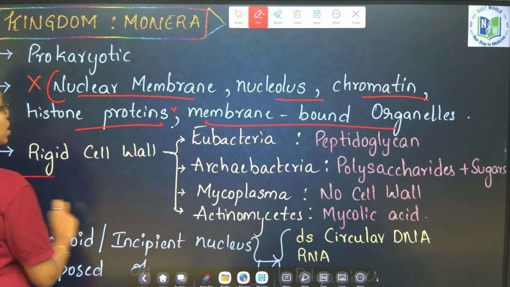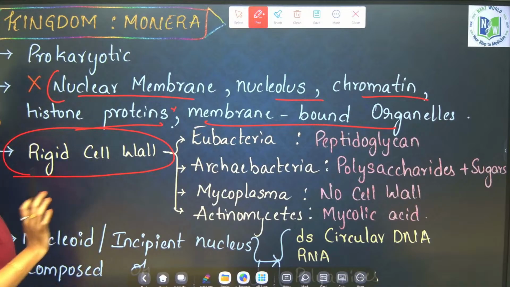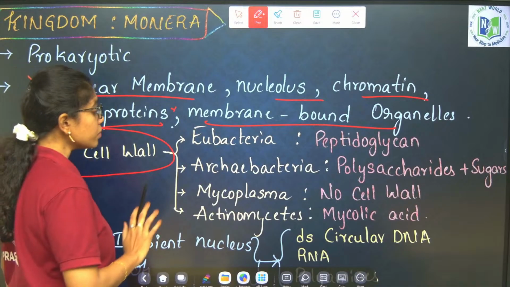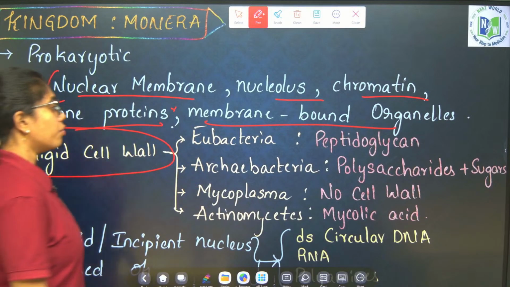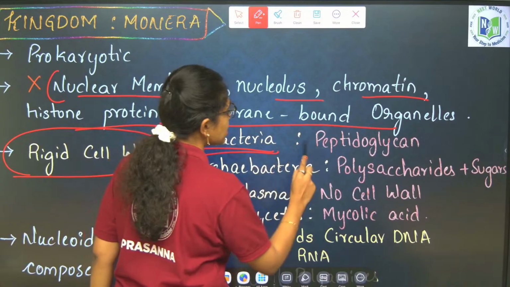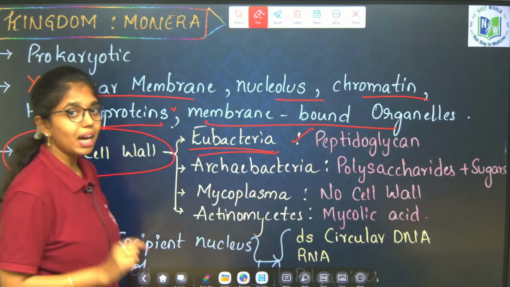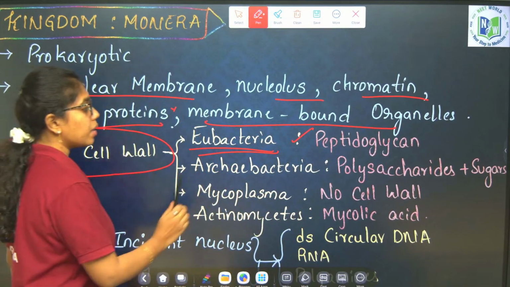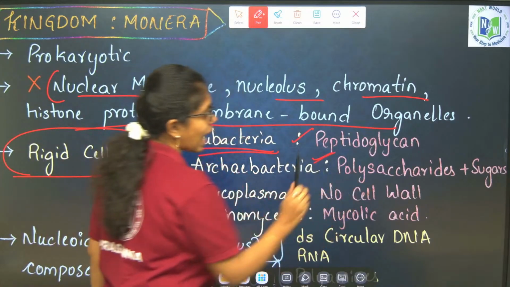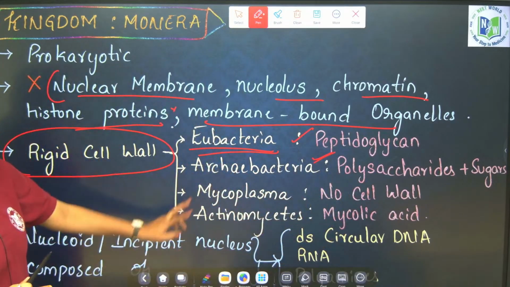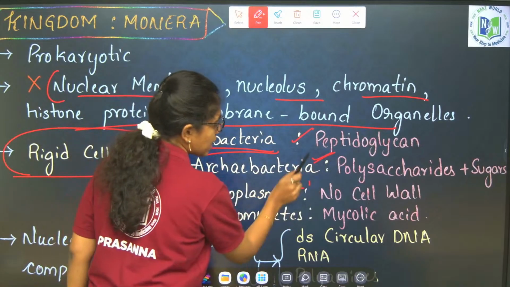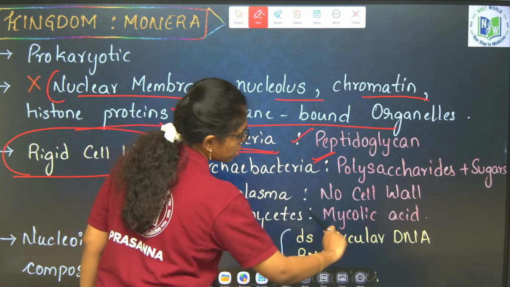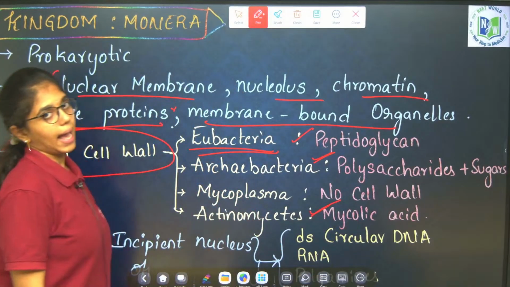Next, a rigid cell wall is present, with different compositions for different classes of bacteria. For example, Eubacteria has a peptidoglycan cell wall. Archaebacteria has polysaccharides and sugars. Mycoplasma has no cell wall; it is a wall-less bacterium. Actinomycetes has a cell wall made up of mycolic acid.